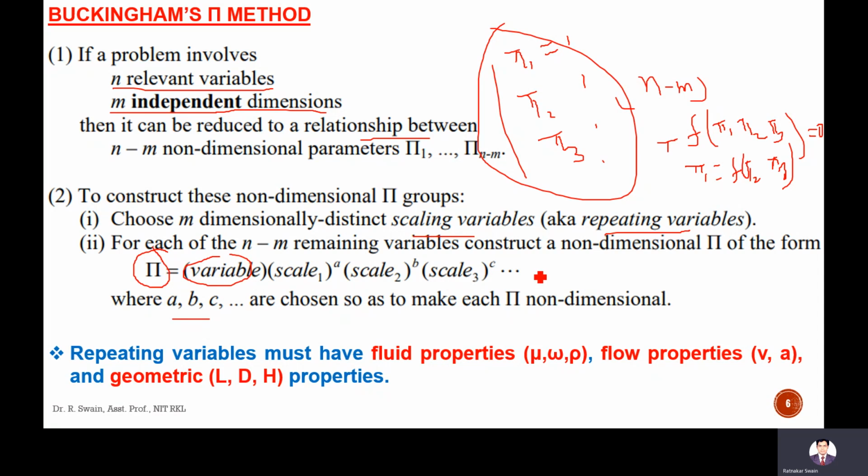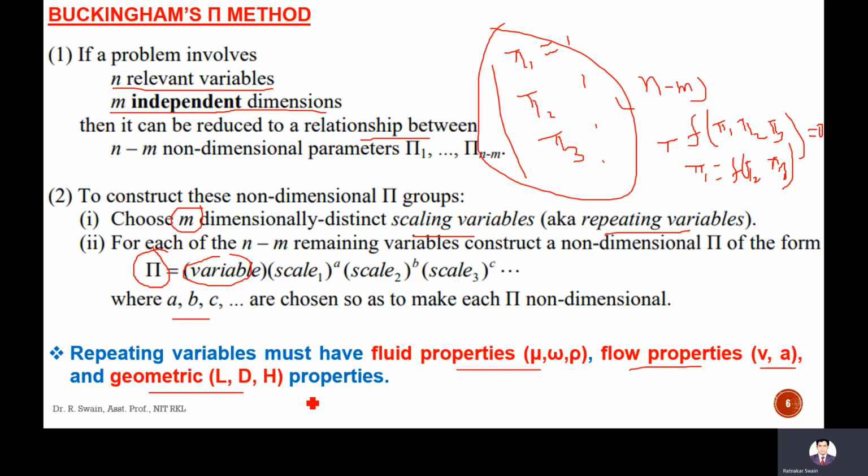So how to choose the repeating variables? These m variables which are repeating variables, how to choose them? Repeating variables must have fluid properties, that is mass properties or dynamic properties. They must have flow properties like kinematic properties, velocity or acceleration, and geometric properties like length, diameter, depth or height.